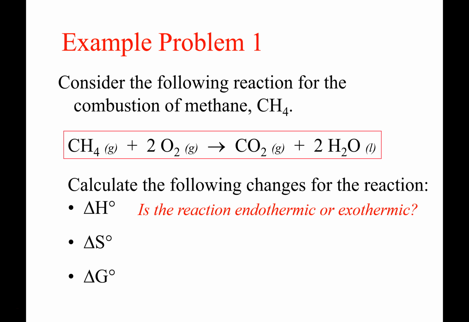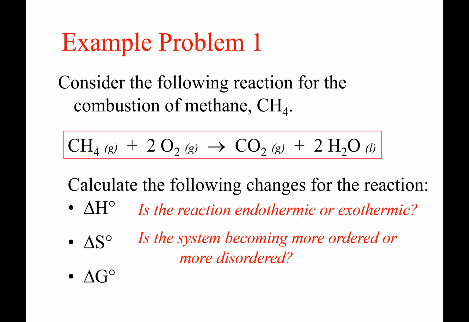Once we come up with the change in enthalpy, if it's positive or negative, we'll be able to know if it's endothermic or exothermic. Once we come up with the change in entropy, if it's positive or negative, we'll know if it's increasing entropy or decreasing entropy, becoming more disordered or ordered. And then if we come up with the delta G, we'll be able to know if it's spontaneous or non-spontaneous, just if it's negative or positive.